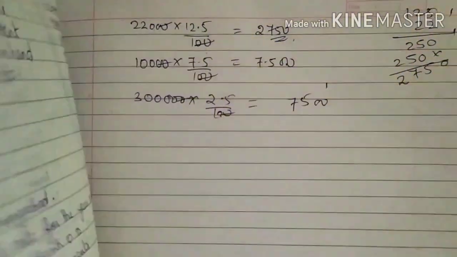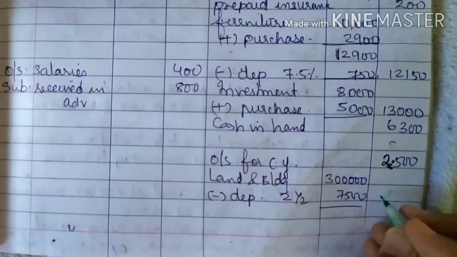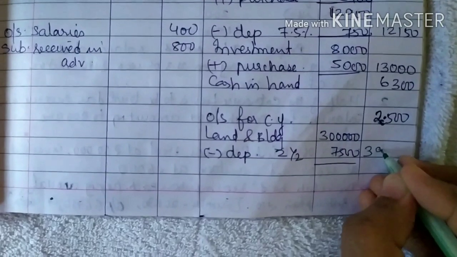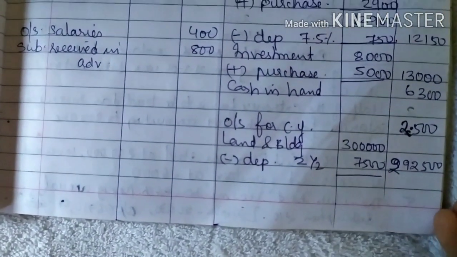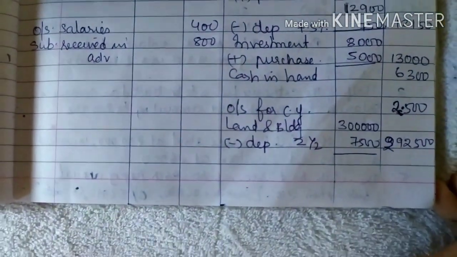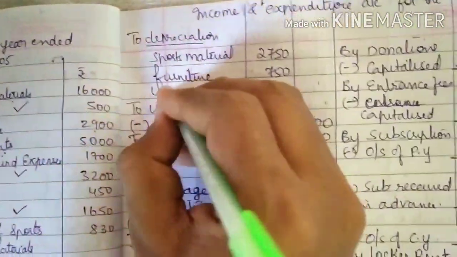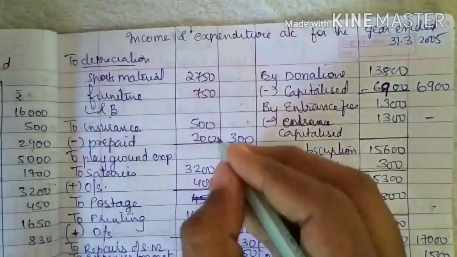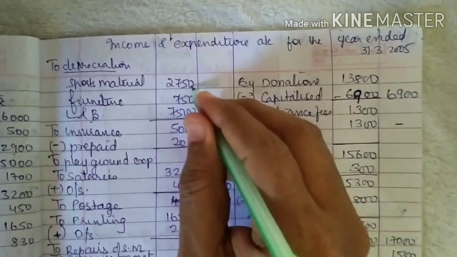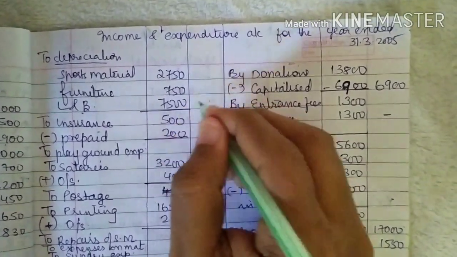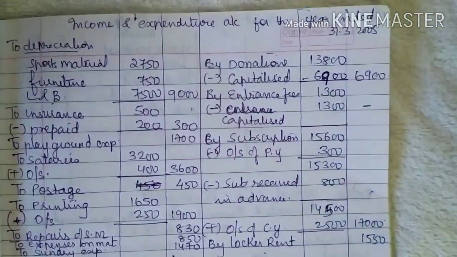So effect of depreciation, less 7,500, which will be 2,92,500. And the second effect of it will be showing in the expense side, 7,500. On adding this, it comes to 9,000 rupees.